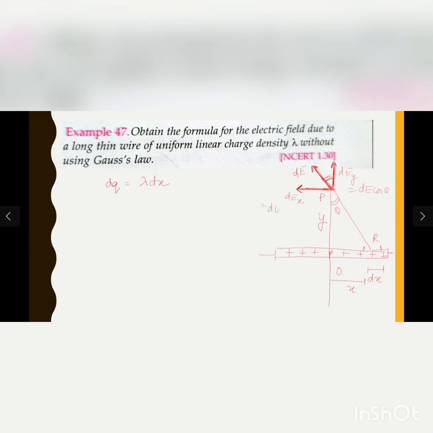this would be dE sin theta, and because it is in the negative direction, I can also put a minus sign here to indicate that it is along the negative direction of the x-axis. Now we have taken the midpoint of the wire as our reference point.